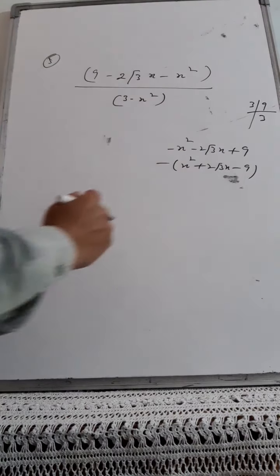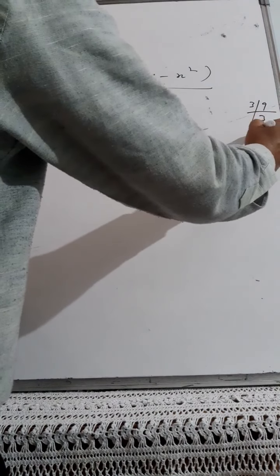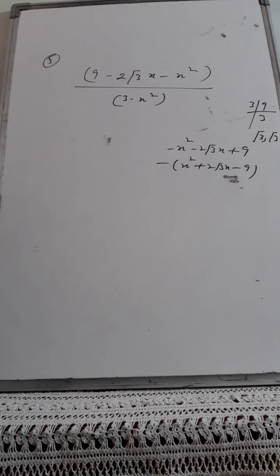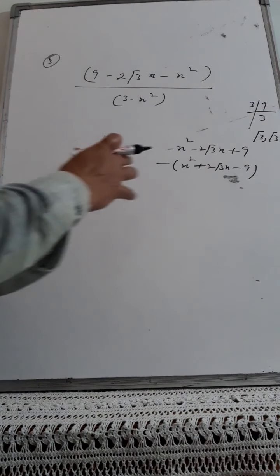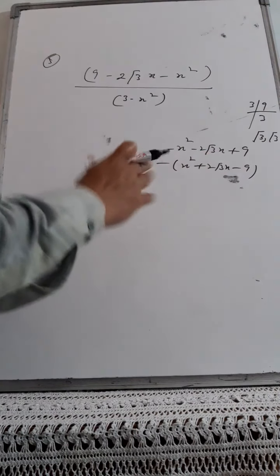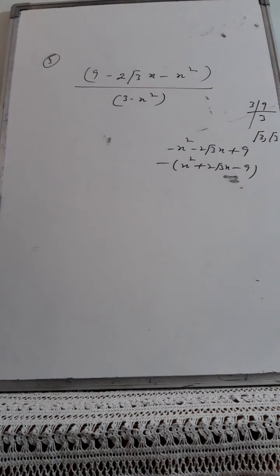But I need them in terms of under root, so I can think of under root 3 into under root 3, which will help me get 2 under root 3 somewhere. Is it or not? Definitely I will get 2 under root 3, and under root 3 into under root 3 is equal to 3. So you need to pay attention there.